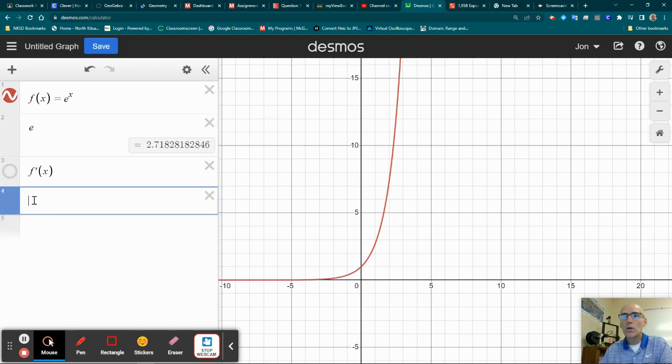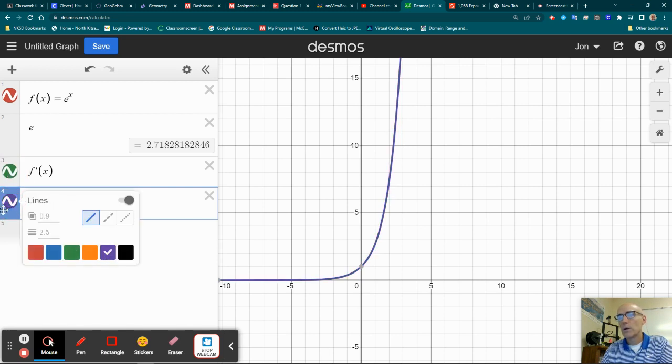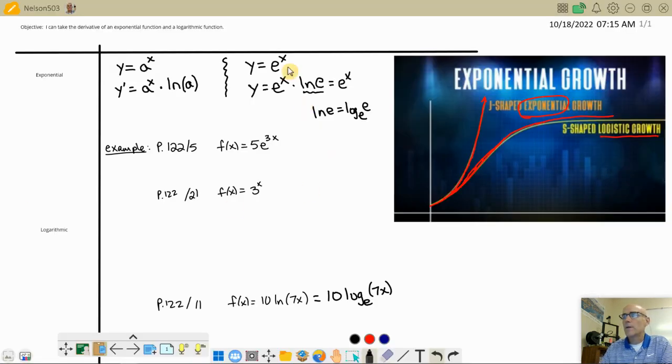So if I tried to create a new function like g of x, it would look the same as my f of x function. So I'm going to go e to the x, and you can see it's definitely that same function. Now this guy was green too, so let's change this to a different color, like purple. Okay, so the purple function is definitely on top of the green function. The green function is on top of the red function. So I hope I'm proving to you that the derivative of e to the x is just plain e to the x.